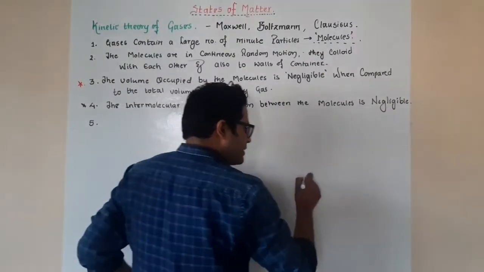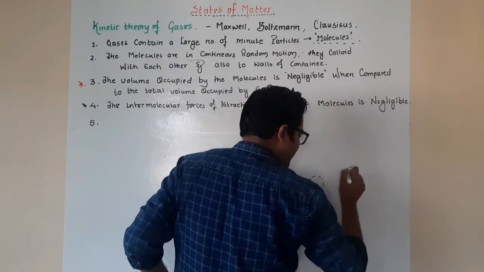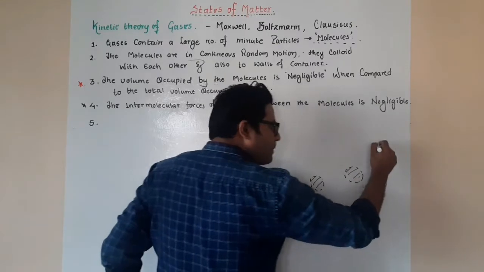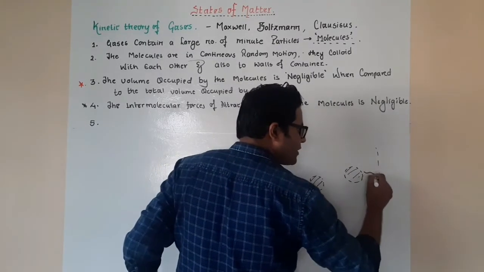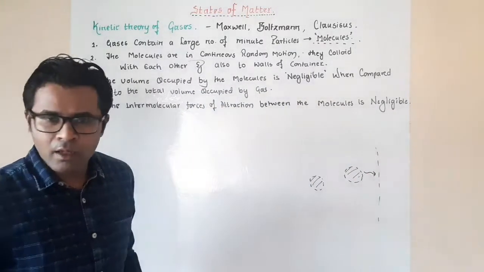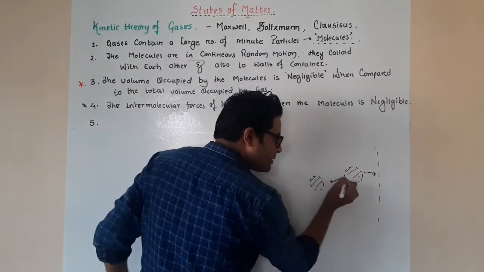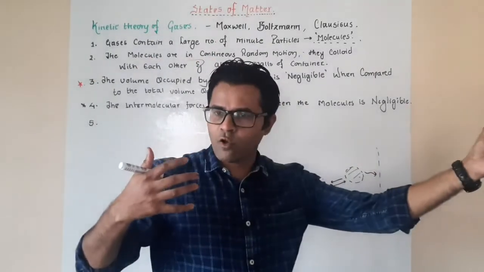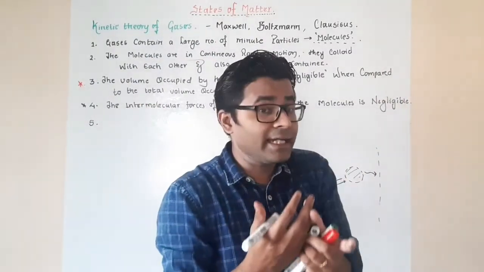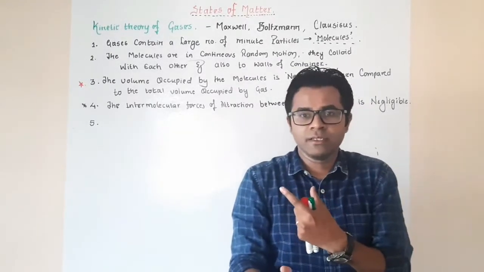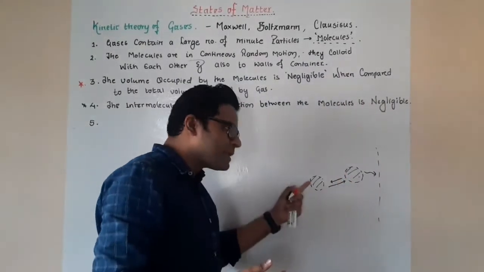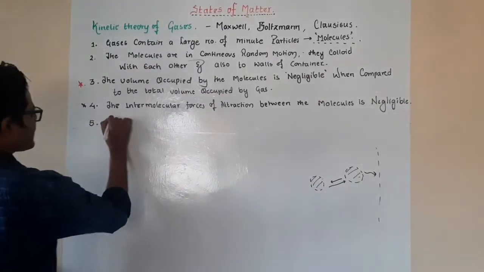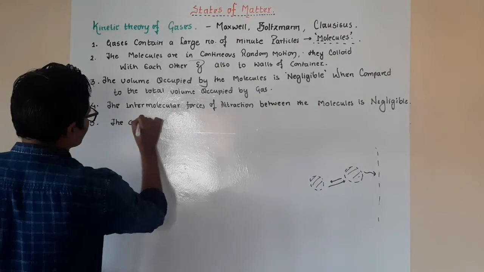Whenever these molecules of gases collide, whether among themselves or with the wall of the container, they just come close to each other, collide and go off. During this collision, there is neither a gain nor a loss of energy. The energy remains constant.